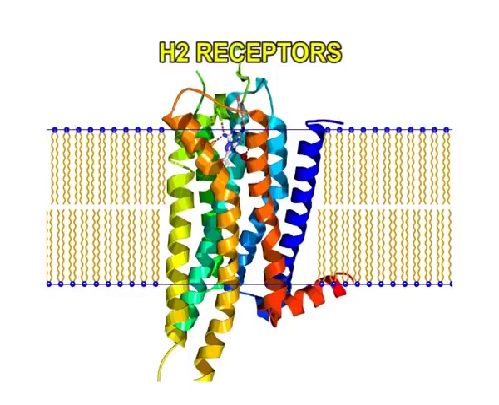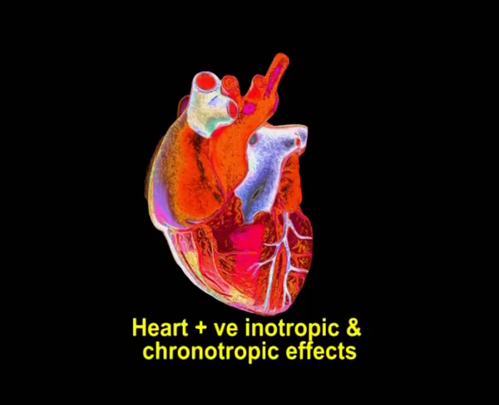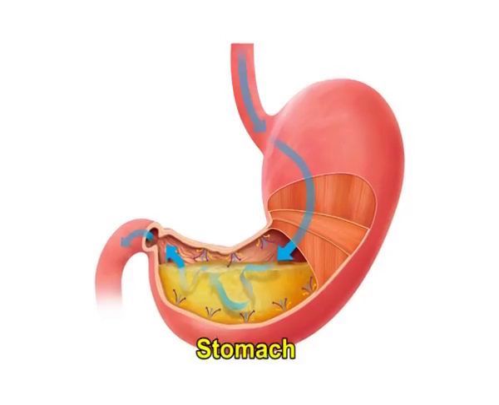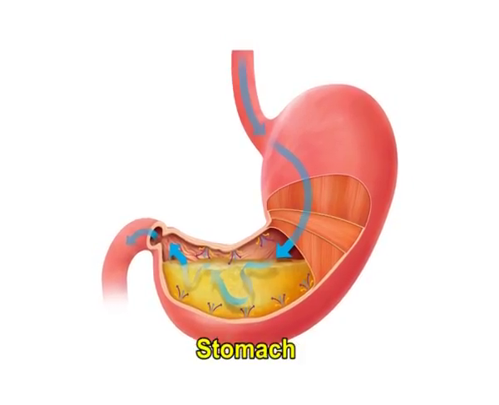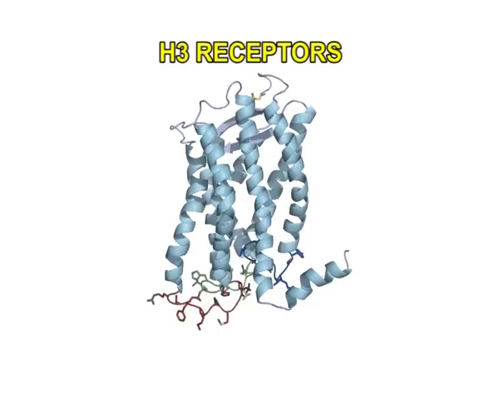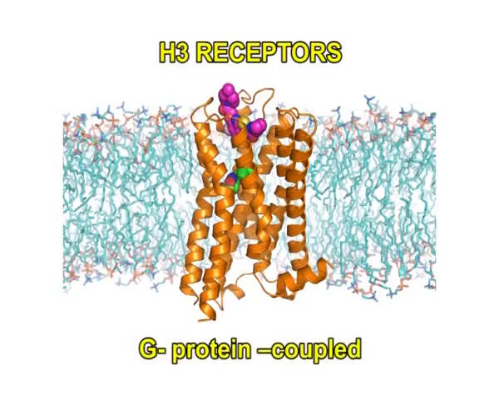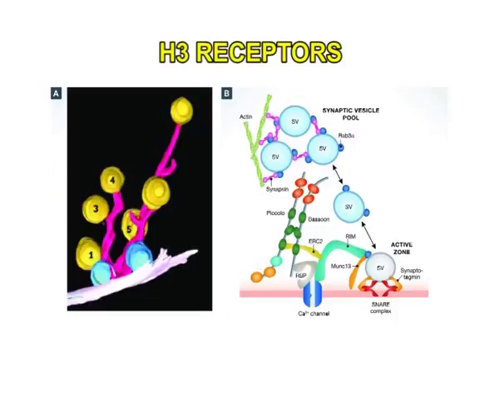The H2 receptor stimulates the adenylyl cyclase enzyme and increases cyclic AMP; in the heart it gives positive inotropic and chronotropic effect. In the stomach, it is responsible for acid secretion. Now we come to the H3 receptors, which are G protein coupled receptors at presynaptic sites in the CNS, and inhibit release of other neurotransmitters.